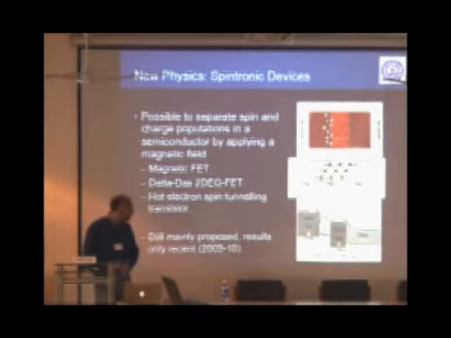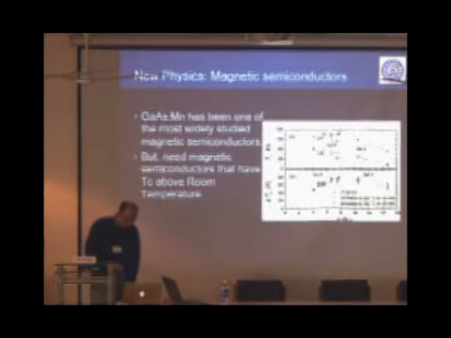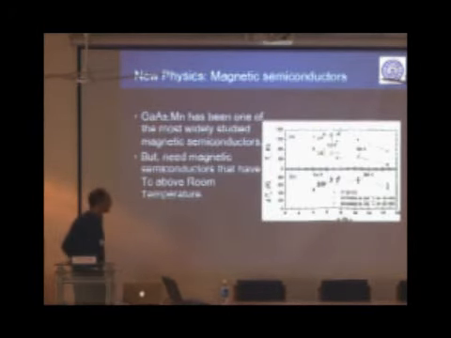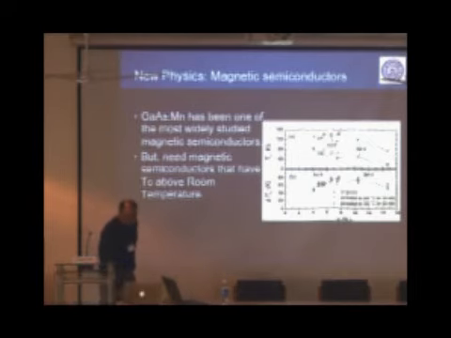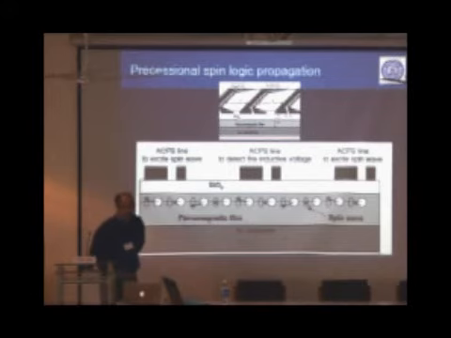People have proposed using a 2D electron gas to manipulate this, and there have been different geometries for this. Most of the work on gallium manganese arsenide was done much earlier. People still do it. And the other issue actually which I haven't mentioned here is related to what is called spin injection. So if you have a ferromagnet metal, it has at the Fermi level spin up or spin down, whichever way you want to think about it.